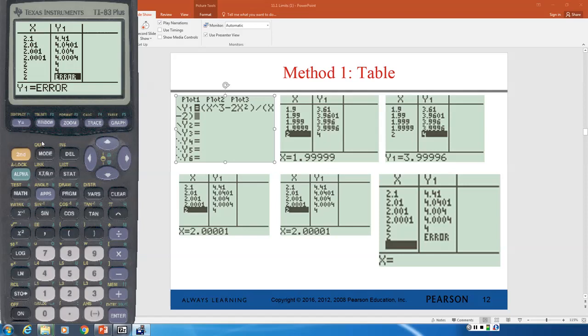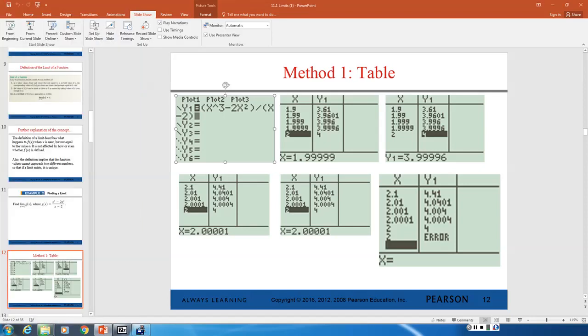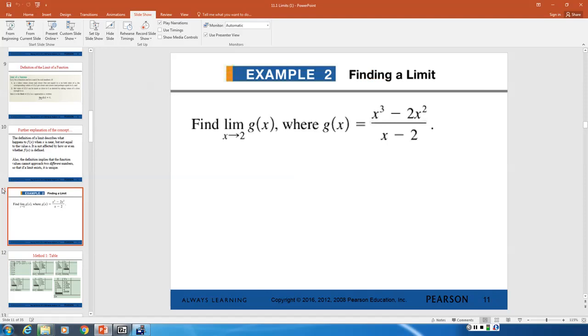Because we've got x minus 2 in the denominator, it can't be 2. Can you simplify that function? Yeah, you can simplify that function. I got my x squared. That's right. Because f of x is equal to x cubed minus 2x squared over x minus 2, which you can factor, and remember we reviewed factoring.